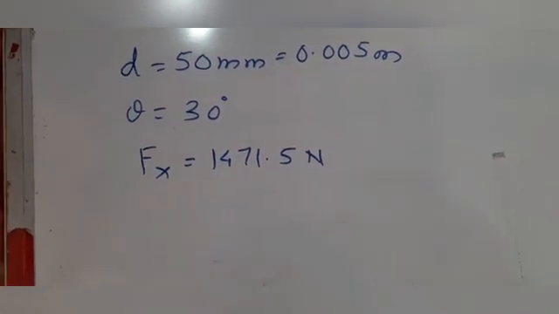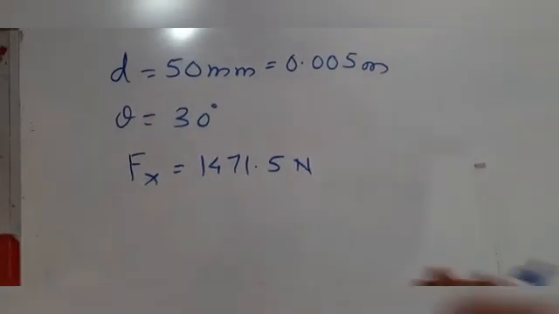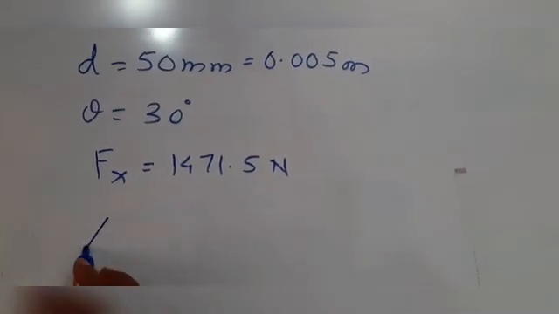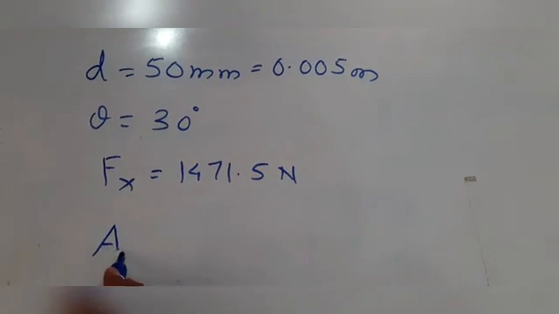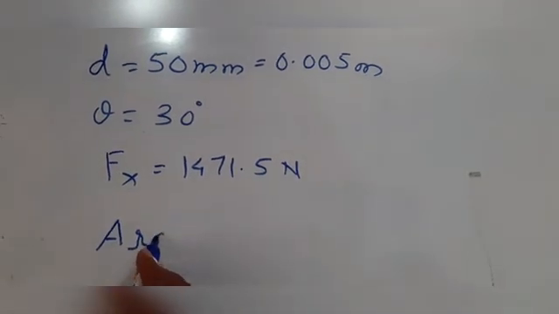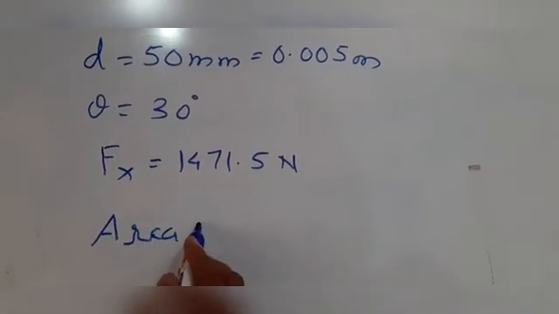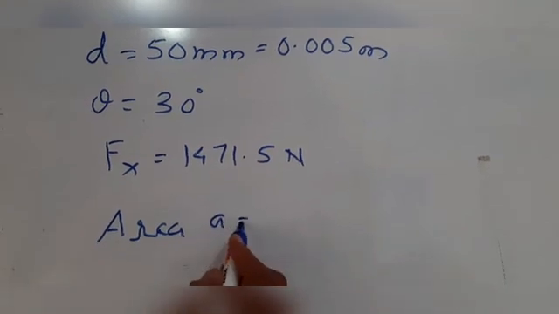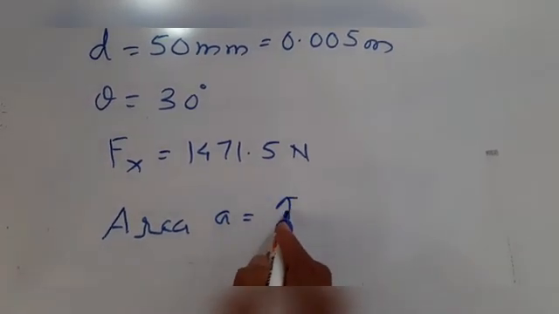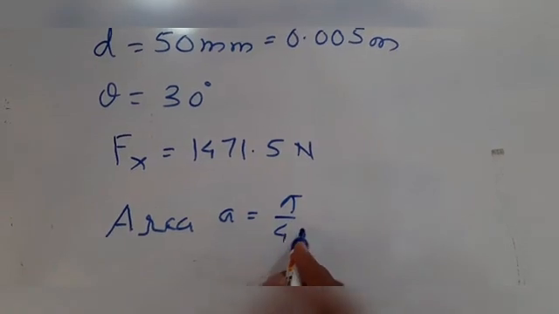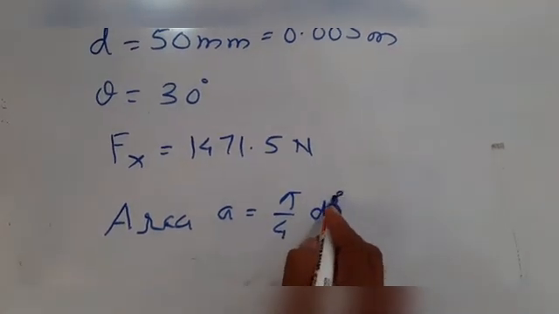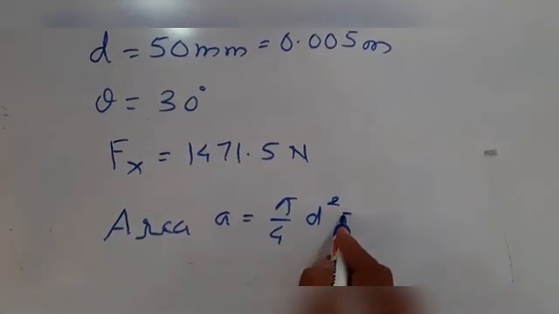So for this, first we have to find out the area A, that equals pi by 4 d square.